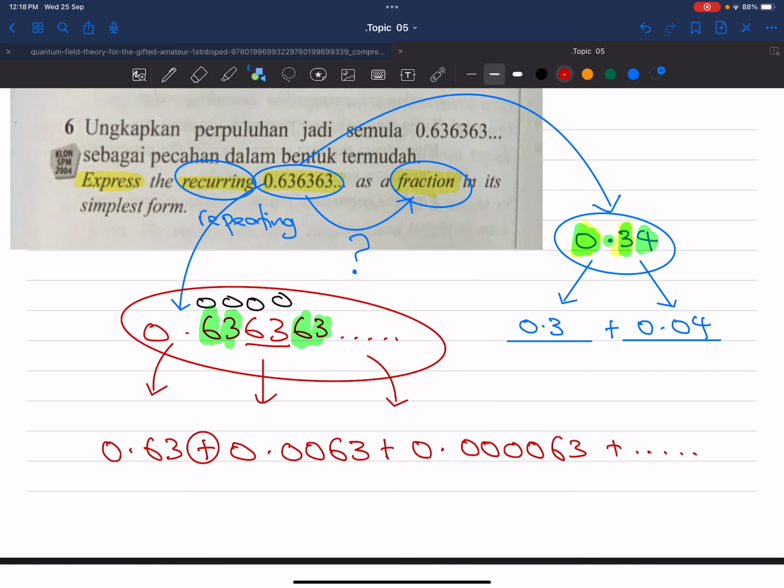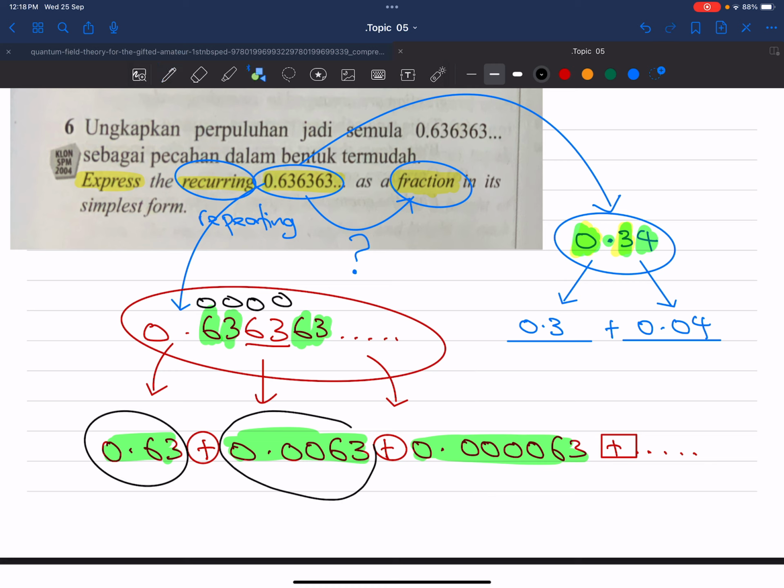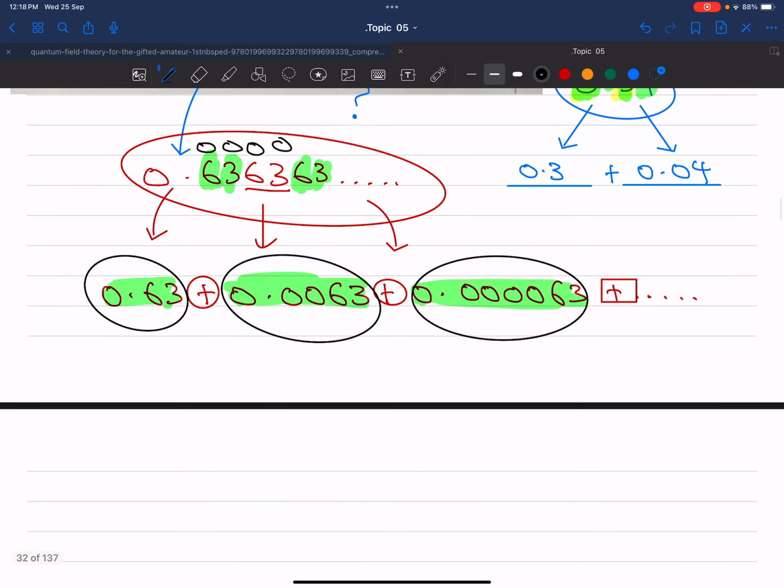So what we have done, we have taken the recurring decimal and changed it to a sum of other decimals. If you look carefully at the given decimal, the first, the second, and the third, it is a sequence of numbers.